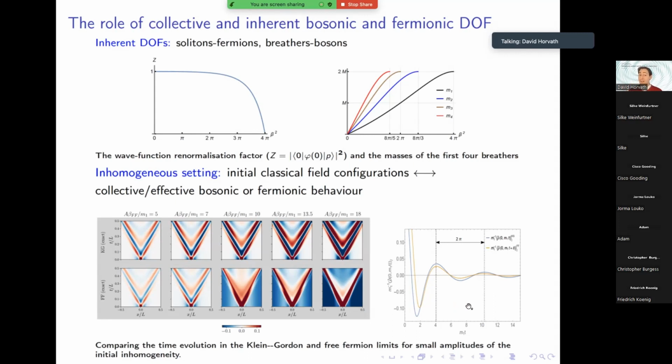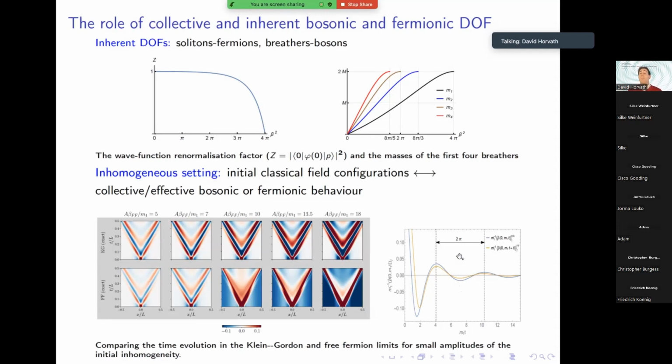So what can be interesting in the future is to go to the repulsive regime of the model, where you expect that because of the repelling force between the soliton and the antisoliton, such a collective excitation's lifetime is even shorter.